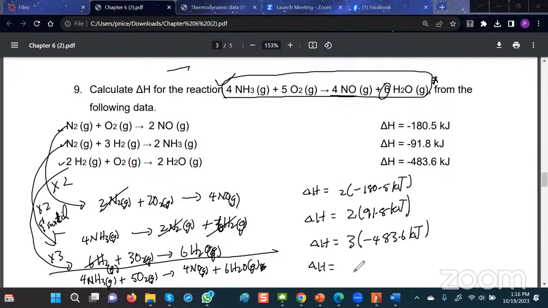Okay, and according to my calculation, this works out to be equal to minus 1628.2 kilojoules. All right.